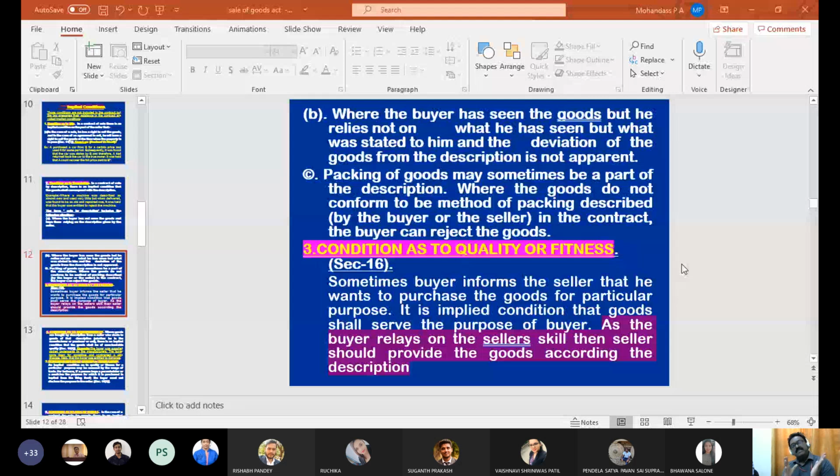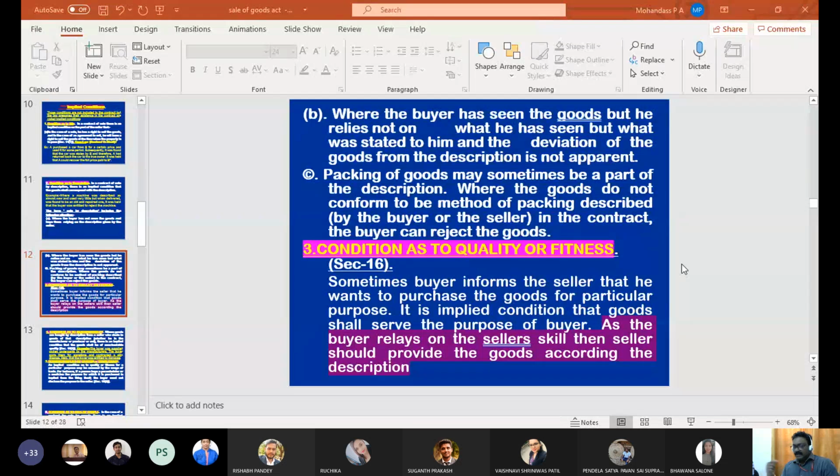On one side, the biscuits are meant for the baby. On the other side, the biscuits are meant for the dogs. Am I right? Suppose somebody feeds the dog biscuit to the baby, it is a wrong choice. Am I right? It's a wrong choice.